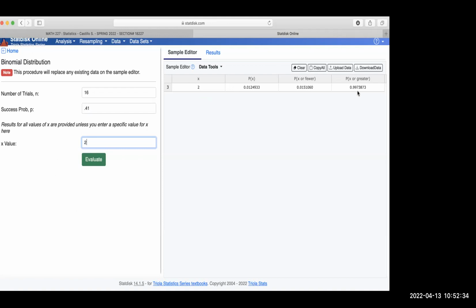And if you do that, well, to find the probability x is greater than or equal to 2, we have that the probability x is greater than 2 is equal to 0.9973873.